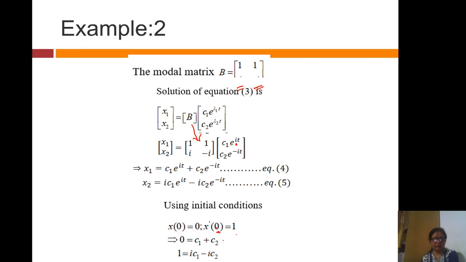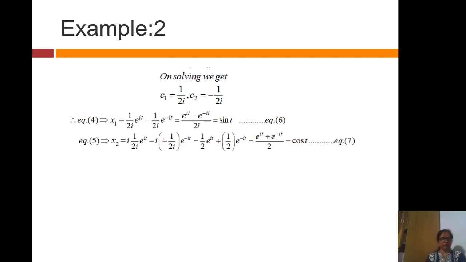Then equation 4 implies we get this equation, equation 5 implies we get this equation, and if we solve these two equations, then we get c1 and c2 values, which are in terms of i.